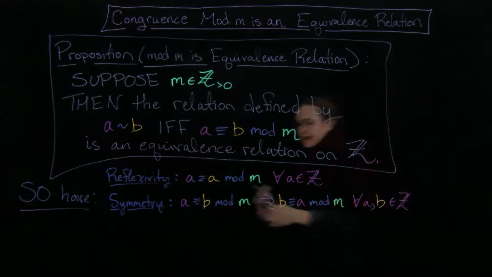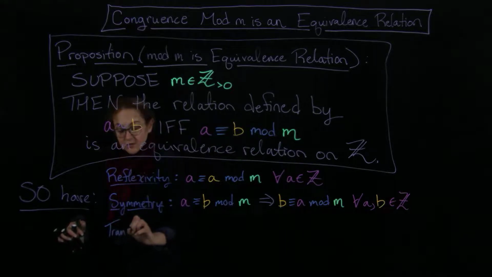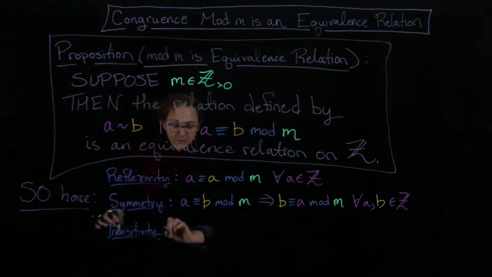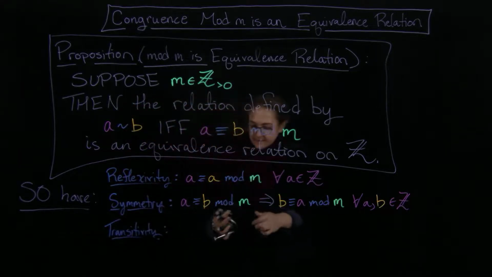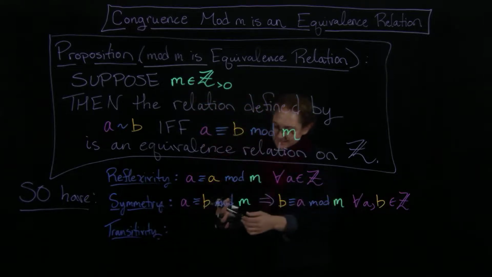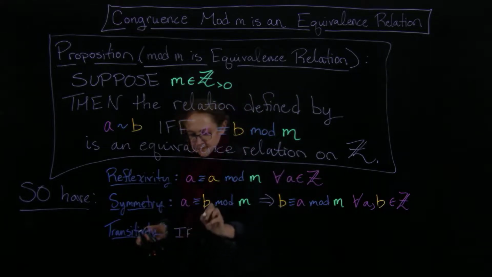Okay, and then finally our last one that has to be satisfied is transitivity. This is another one of these if-then statements, and there are two parts to it.